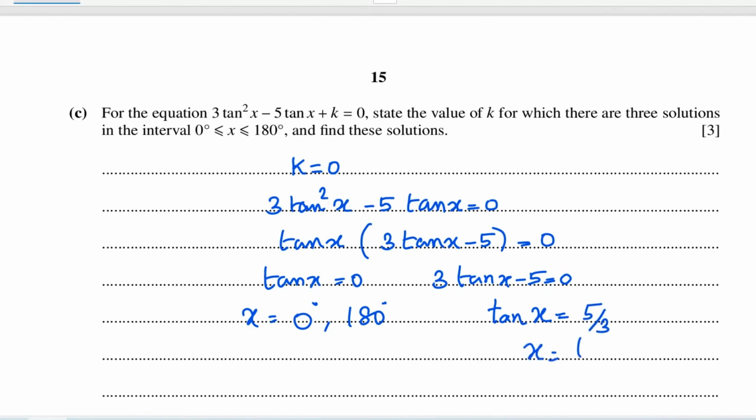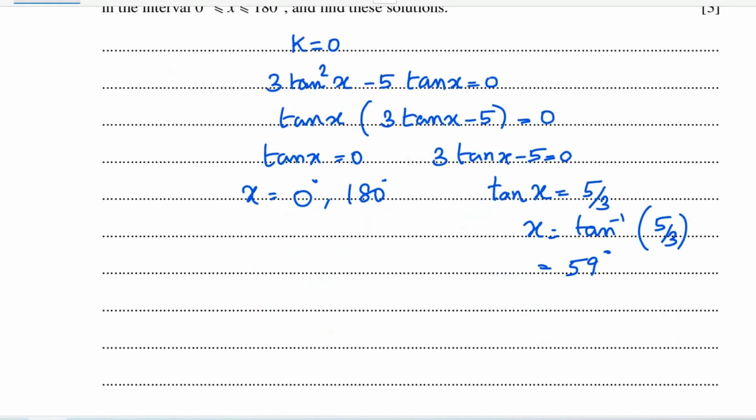So x equal to tan inverse of 5/3, which is equal to 59 degree. So the three solutions are x equal to 0, 59 or 180.